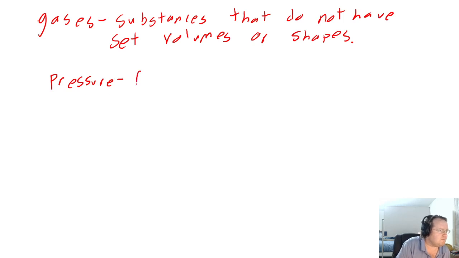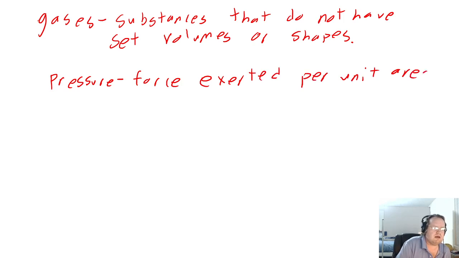What we're going to mean is it's going to be the force exerted per unit area. So this is something that matters. It changes with the area. If I'm doing it over a large area versus a small area, this is different. So it's force exerted per unit area by gas molecules.